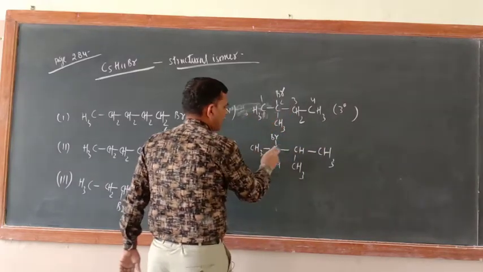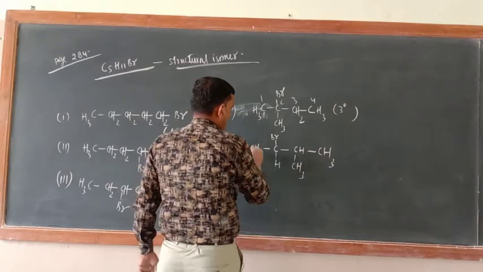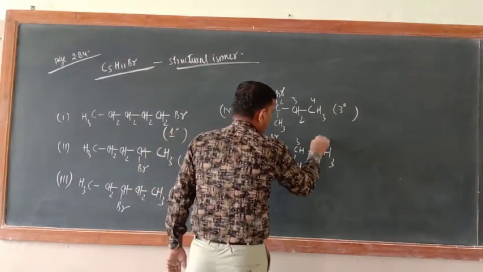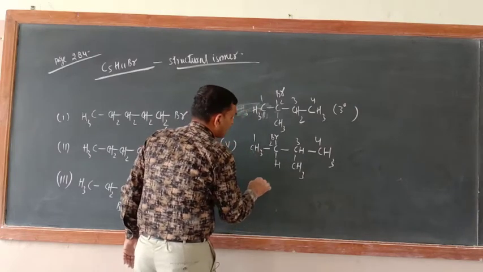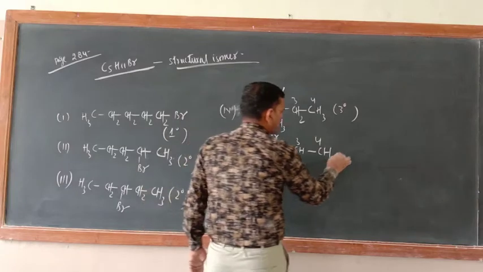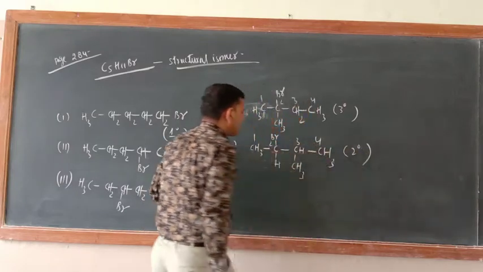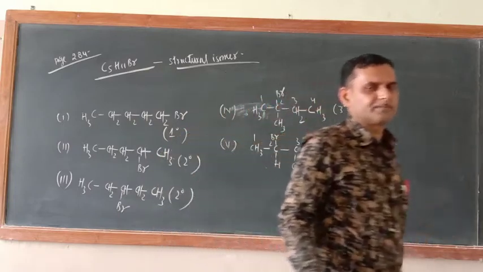So 1 2 3 4, 1 2 3. What is the name of this one? 2 bromo 3 methyl butane. Now this time this is 2 degree only, because Br is attached with a 2 degree carbon atom.